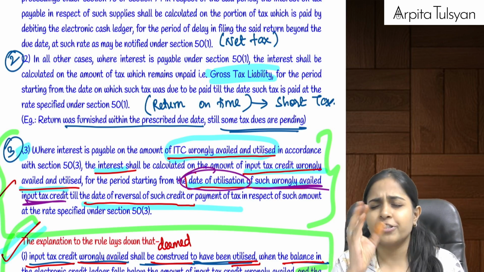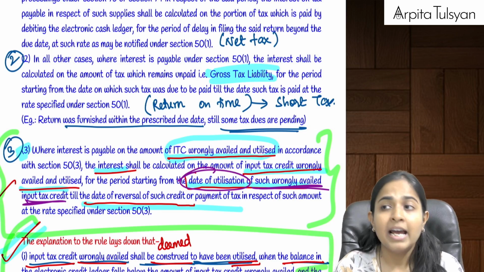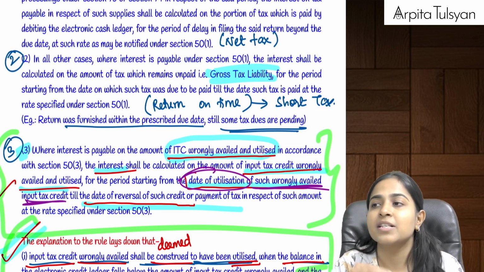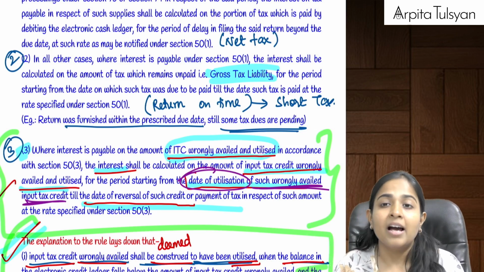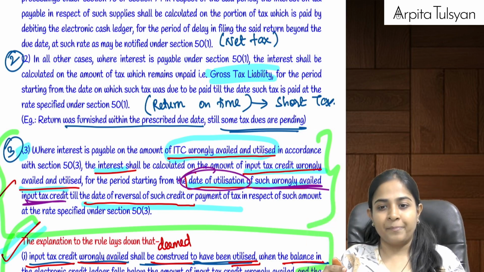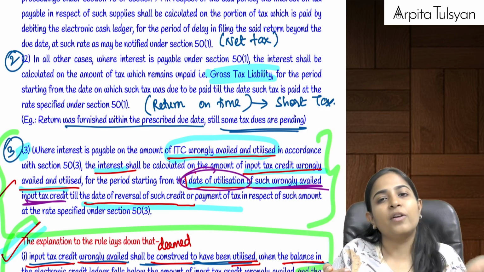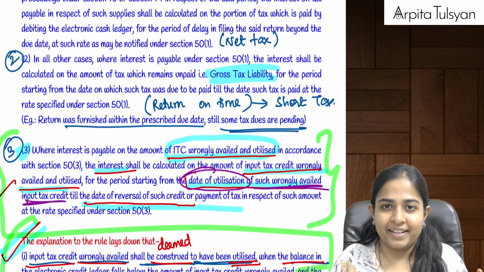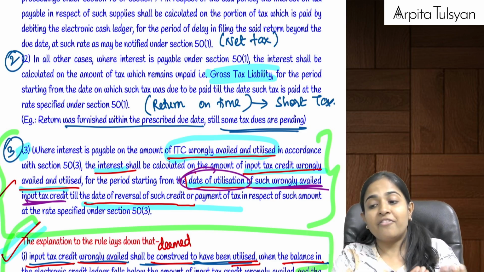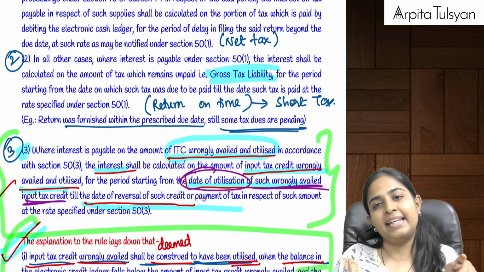First of all, ITC can be availed, but there are some ITCs which are not allowed, which we cannot avail, which are blocked, etc. But still, if I have availed it and then reverse it, the government has no problem because the money is still with the government. But if you have availed some ITC and wrongly utilize it, then this is the problem.